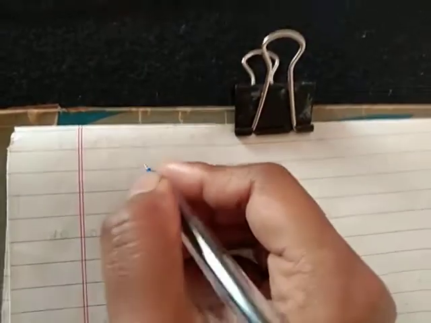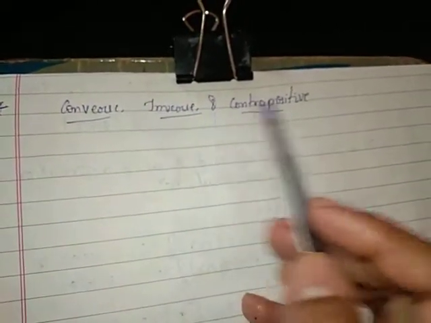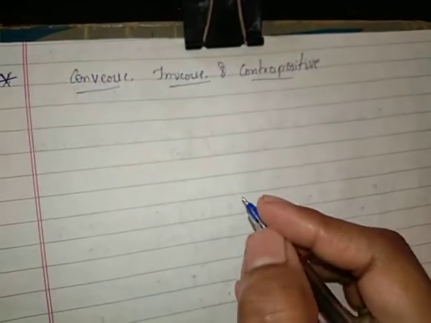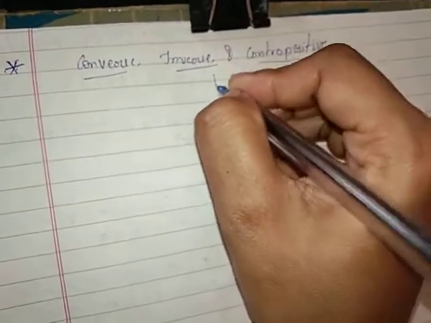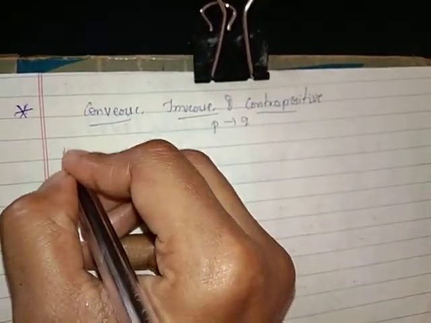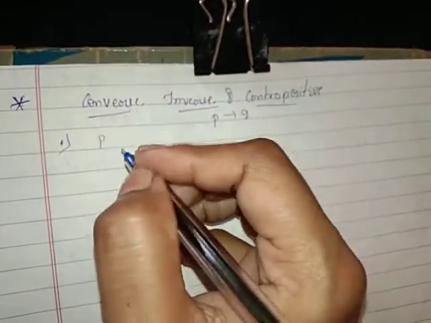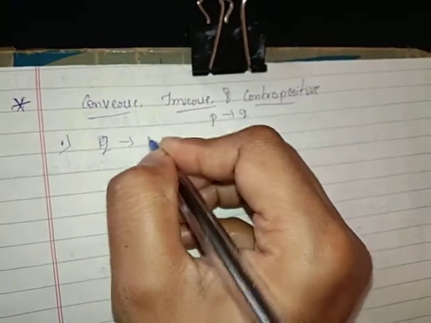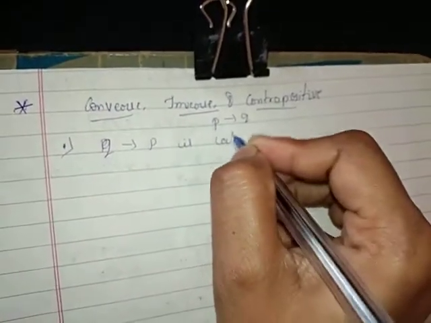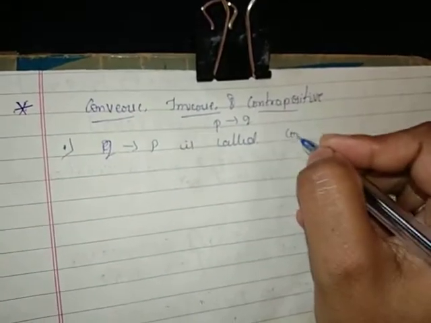So next one is some important laws again. Converse, inverse and contrapositive of the statement of the conditional. Suppose your conditional is p implies q. Then the converse of p implies q is q implies p, called converse of p implies q.